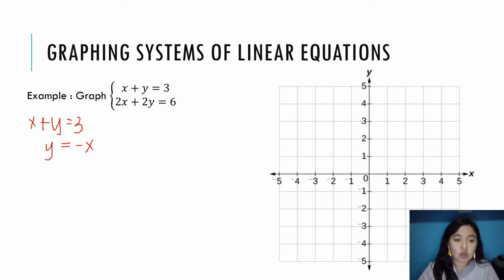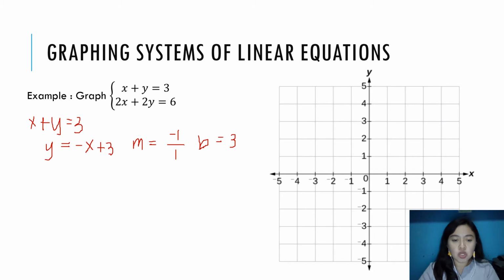So, y is equal to negative x, then we copy 3 plus 3. The slope of that equation is negative 1. Again, since negative 1 is a whole number, we just put a denominator of positive 1. And its y-intercept is positive 3.